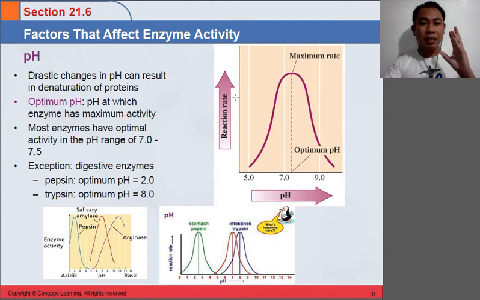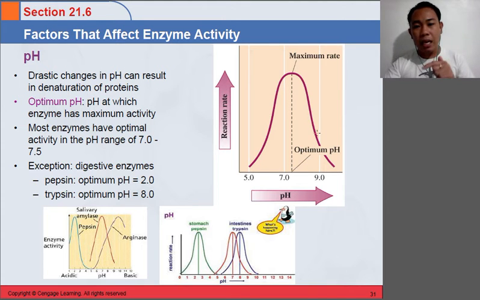The reaction rate increases when the pH increases, but it should be within the limit of its optimum pH. Beyond the optimum pH, it will decrease the enzyme activity again because it will denature the protein.